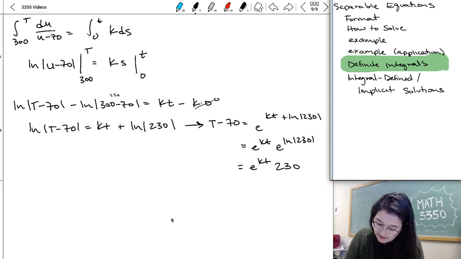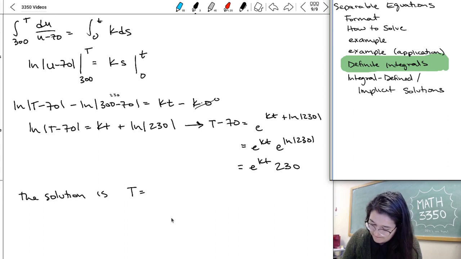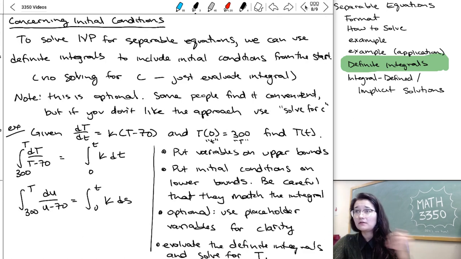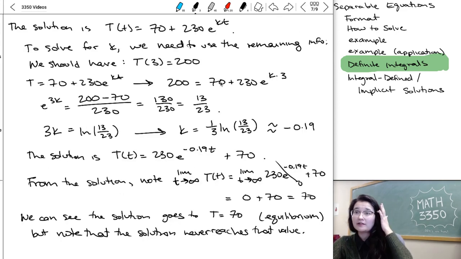And so the solution is T equal to 230 e to kt, and then I'm just going to move that 70 over finally, plus 70. And so what's important to note is that if nothing went wrong, this should be the same thing we had before.